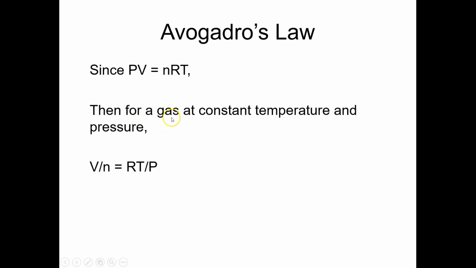So for a gas at constant temperature and pressure, volume over the number of moles is equal to R times the temperature divided by pressure. If temperature and pressure are constant, and R is always a constant, all 3 terms on this side are constants. Therefore, I can just replace them with a K. Volume divided by the number of moles is equal to a constant.